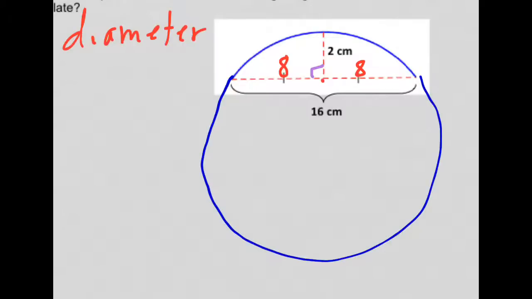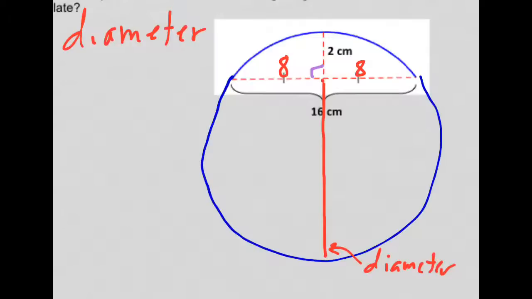Well, when my chord is being bisected and it's perpendicular, then I know that the line that it's being bisected by and that it's perpendicular to is either my diameter or my radius. And so I'm going to draw it all the way down, and that's going to be my diameter.